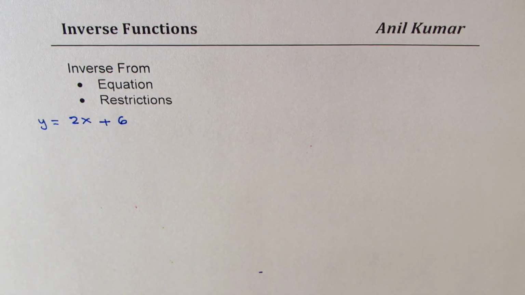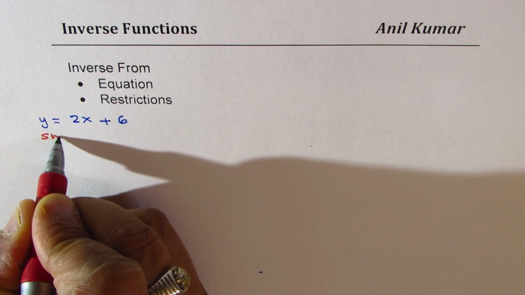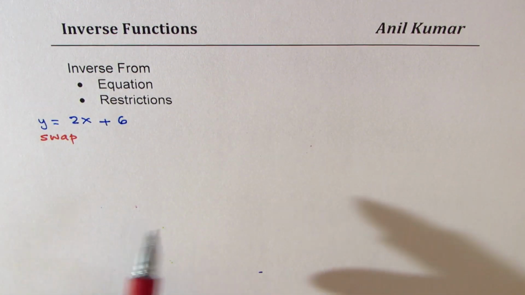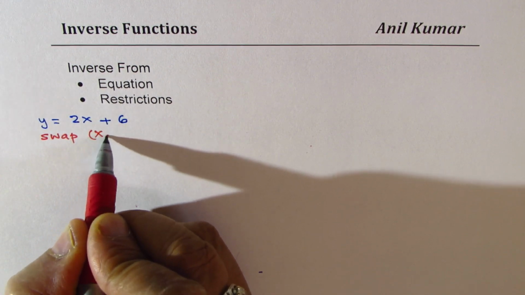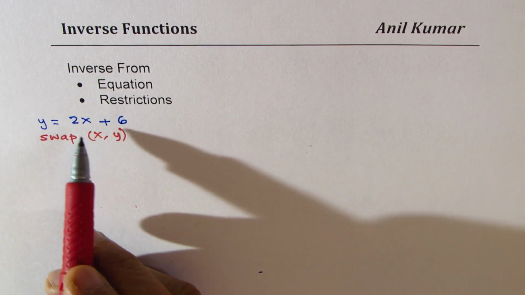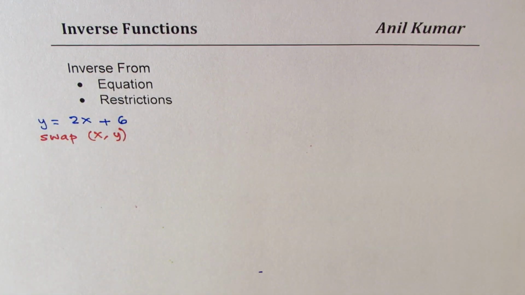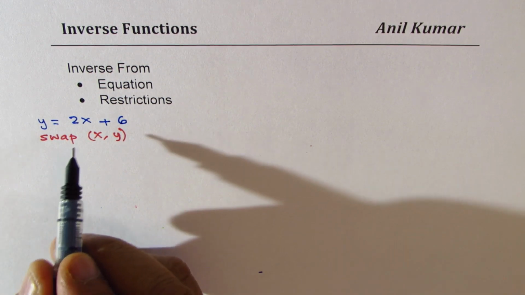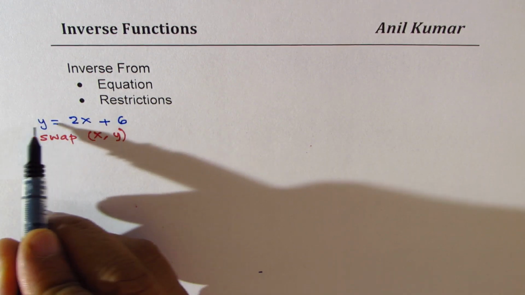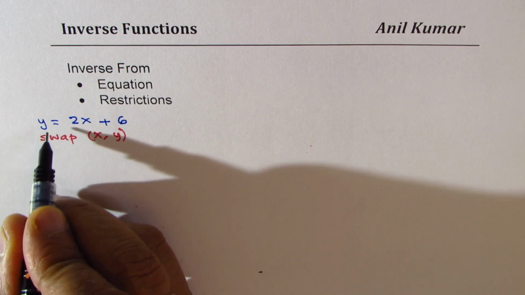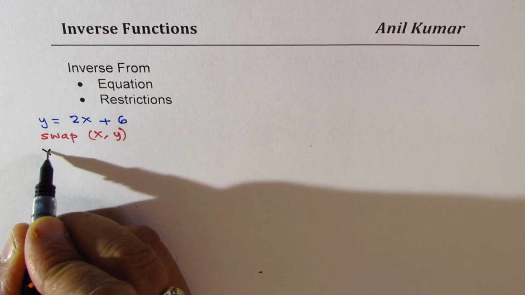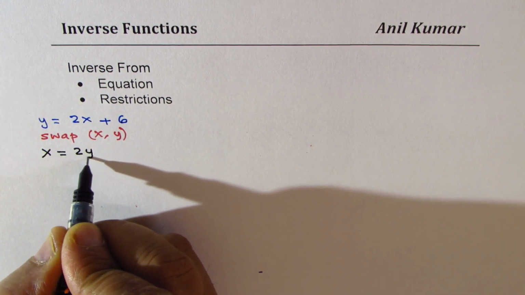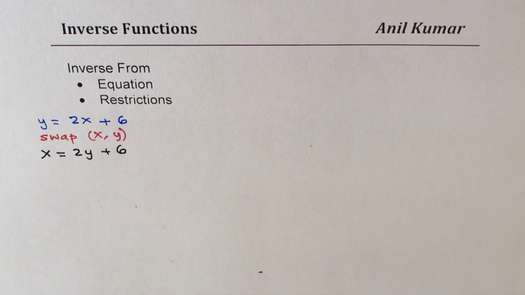Well, we have learned that we have to swap points, right? Swap x, y values, right? In the equation, we can actually swap x and y. So the first step will be to swap x and y. Instead of writing y equals 2x plus 6, we'll write x equals 2y plus 6.